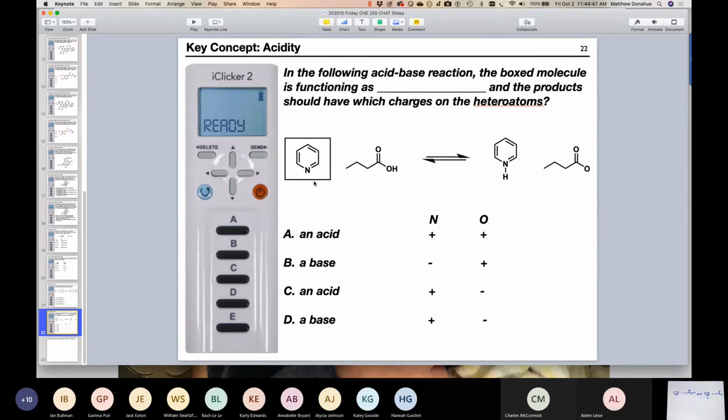It's essentially a benzene ring where one of the CH groups has been replaced with nitrogen. So what is the typical valency for nitrogen? You can obviously see 1, 2, 3 bonds. So what's the last thing this nitrogen has to have?